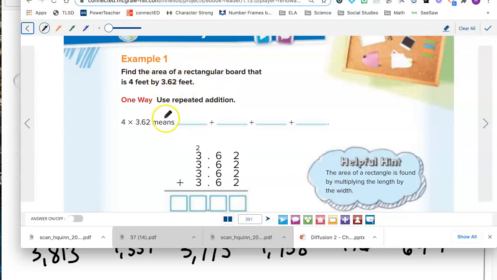Okay, we know that multiplication is repeated addition, so we're going to take one factor, and that means we need 4 of the other factor. So 4 times 3 and 62 hundredths means we're going to add 3 and 62 hundredths 4 times.